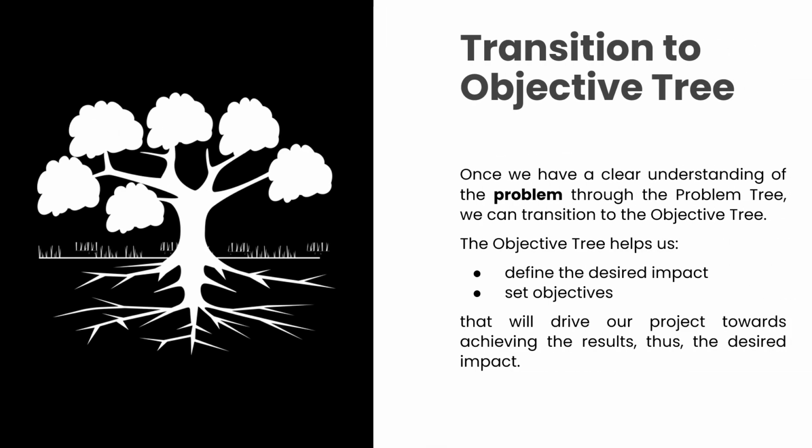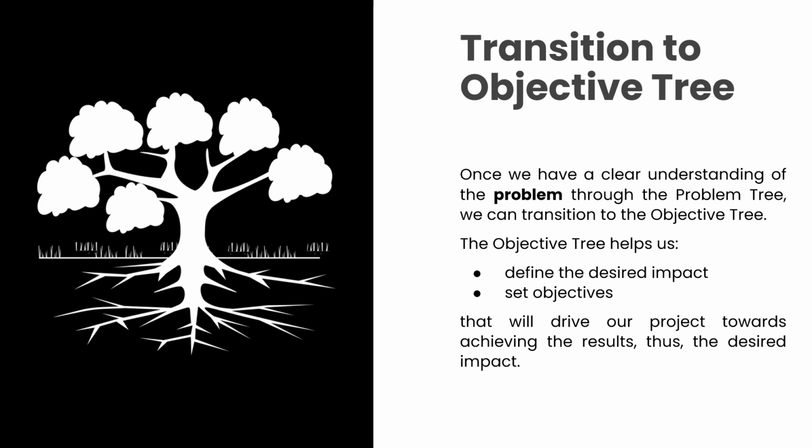So now here's the transition to the objective tree. Once we have a clear understanding of a problem through the problem tree, we can transition it to the objective tree. Why is it needed? First of all, the objective tree helps us to define the desired impact.